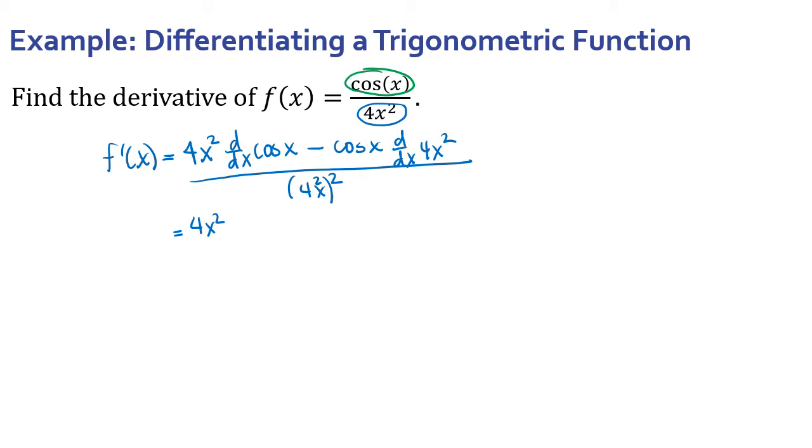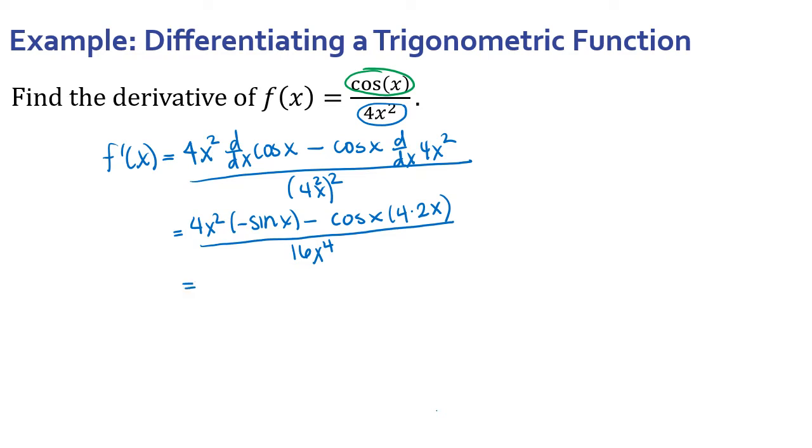The derivative of cosine of x is negative sine of x, minus cosine of x. The derivative of 4x squared is 4 times the derivative of x squared. Derivative of x squared is 2x to the first power, which is just 2x. And then that's all over 4x squared squared, which is going to be 16x to the fourth.